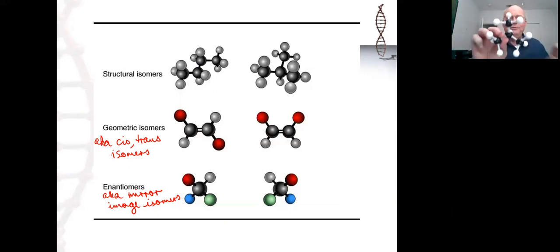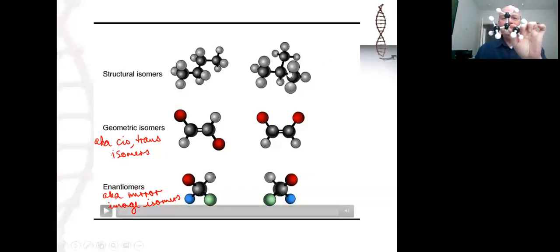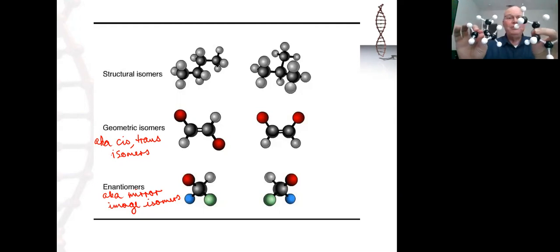This is the branched version, which is this one. It is again C4H10, but clearly it's a different structure. And you might recognize this one because this is our old friend 2-methyl propane. This is called n-butane because it's got 4 carbons in it, and that would be a bute. And with the single covalent bonds, that would be butane. But with C4H10 being the shared chemical formula, these are clearly different structures. So these are structural isomers.